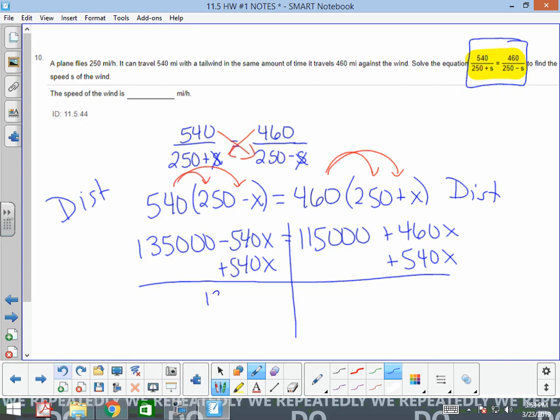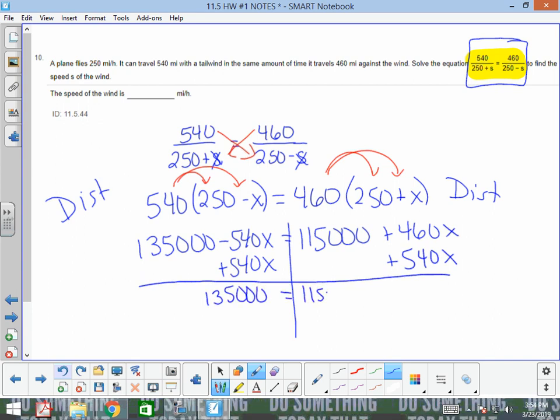So I have 135,000 equals 115,000 plus 1,000x. Now I'm going to subtract 115,000 from both sides, trying to get the 1,000x by itself on one side.